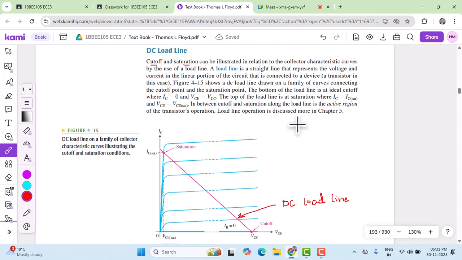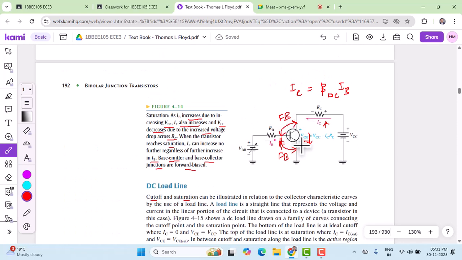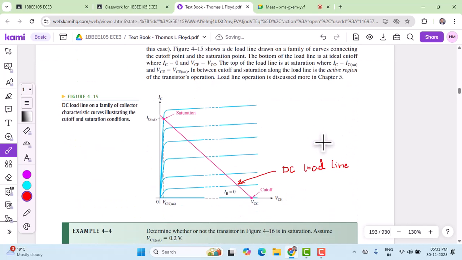What is its equation? We already discussed it here. The equation is VCE equals VCC minus IC times RC. This is a standard equation which gives the collector emitter voltage across the bipolar junction transistor, and it is a straight line.